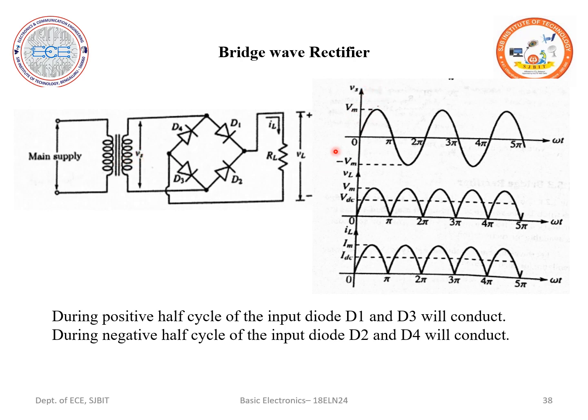When we look into the graph, the waveforms during the positive half cycle of the input, the input is represented as Vs. During the positive half cycle of the input, that is from 0 to pi, we actually use 4 diodes in the bridge wave rectifier.